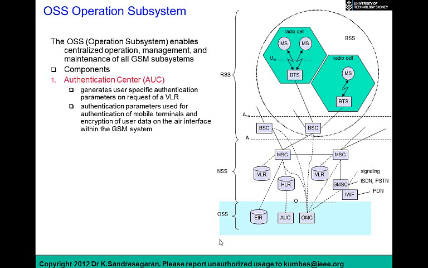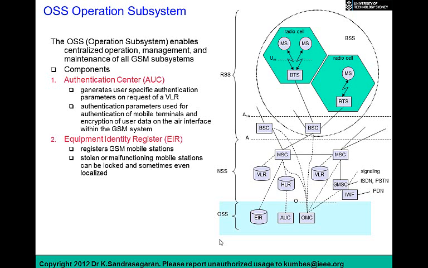So usually the authentication center will get a request from a VLR, and it'll send it specific security parameters which can then be used for authenticating a user. And this security information includes information needed for authentication as well as encryption.